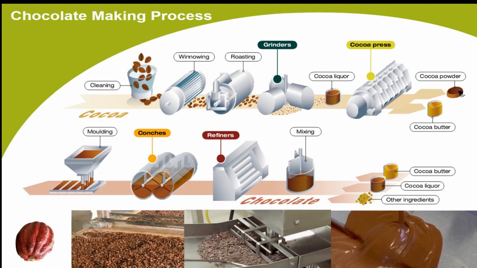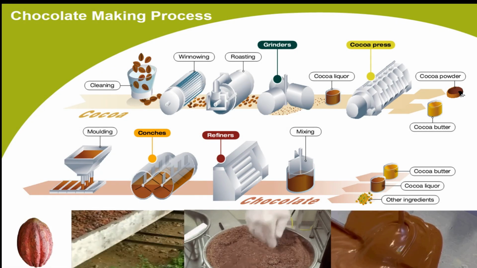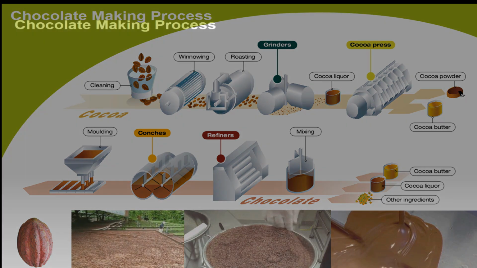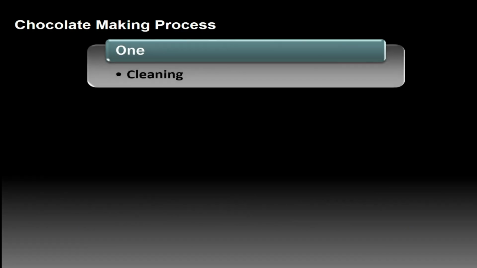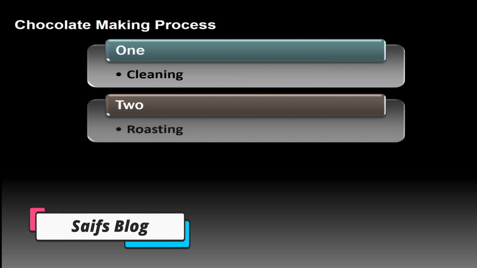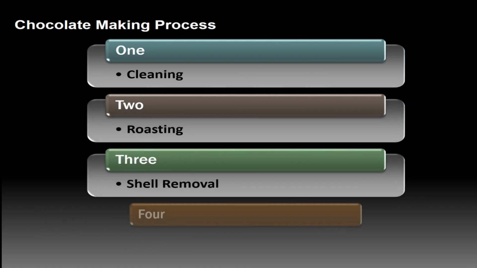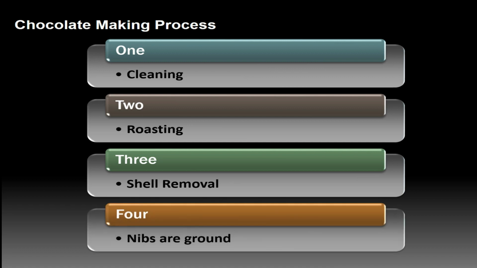Chocolate making process. Step 1. Cleaning. Step 2. Roasting. Step 3. Shell removal. Step 4. Nibs are ground.